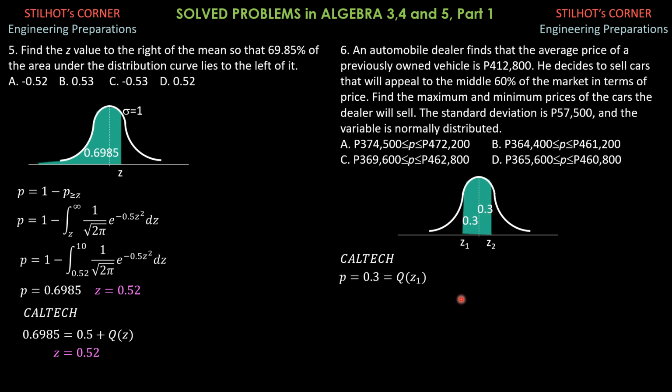So after several options, several substitutions to 4 significant figures, the value of z1 is equal to negative 0.8416, corresponding to an area of 0.3 or almost 0.3. Therefore, z2 is positive 0.8416.